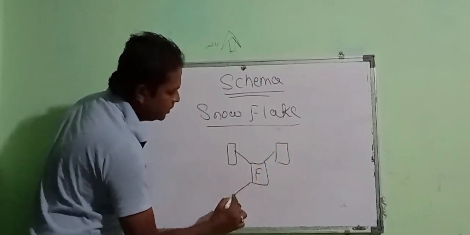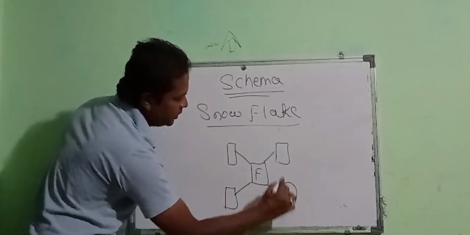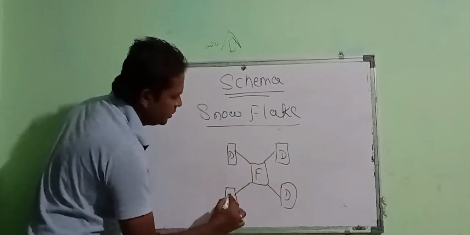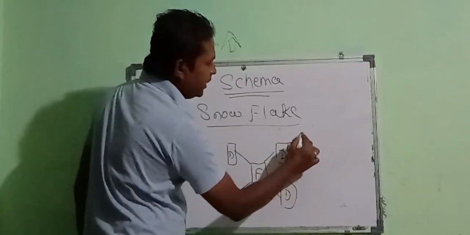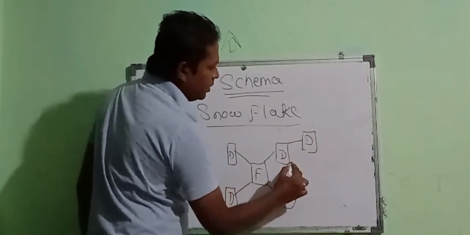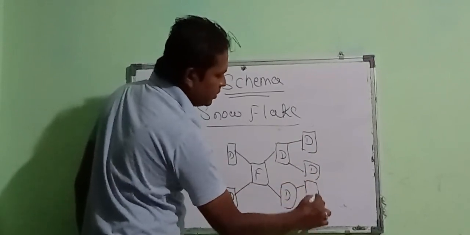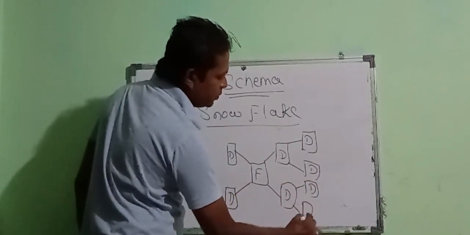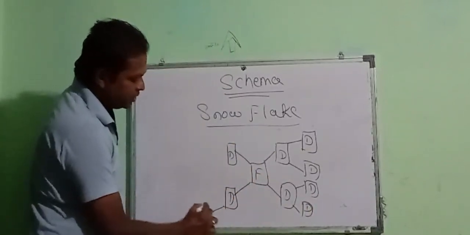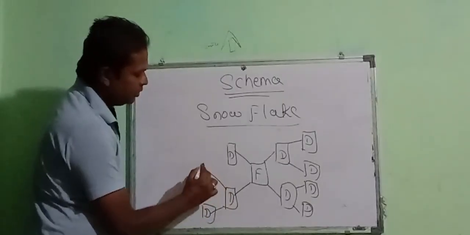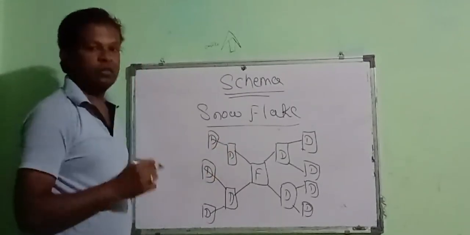You can see these are the dimensions, and again each dimension is distributed or spread into other dimensions. As many as you want, they are exploded into other dimensions. So this is what is called snowflake schema.